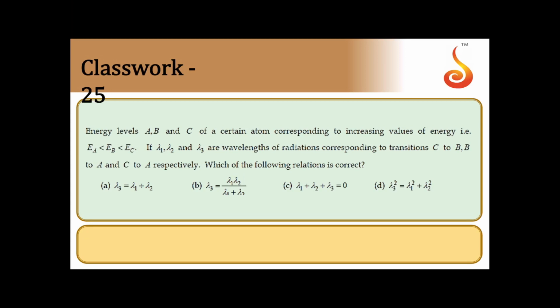If lambda 1, lambda 2, lambda 3 are the wavelengths of radiation corresponding to transition from C to B, B to A and C to A respectively, then which of the following relations is correct? Now let us draw the energy level diagram for it. So A is the lowermost level, so this is A, next one is B, next one is C, that is what they have given. This is C, this is B.